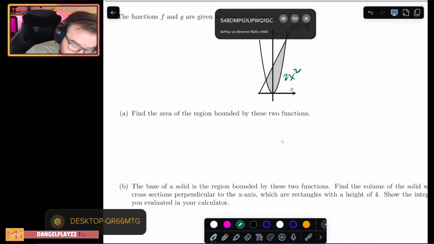So if all you do is this, you're finding this entire area, but you want to subtract away this stuff, which is why we're doing top minus bottom.